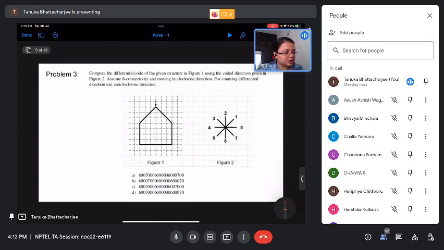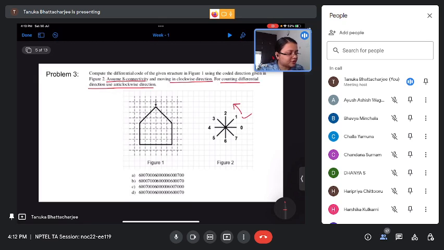So now in this third problem, we will try to find the differential chain code for that same figure. Here also we are assuming 8 connectivity, and we are moving in the clockwise direction in the figure, but for counting the differential direction we will have to use the anti-clockwise direction.